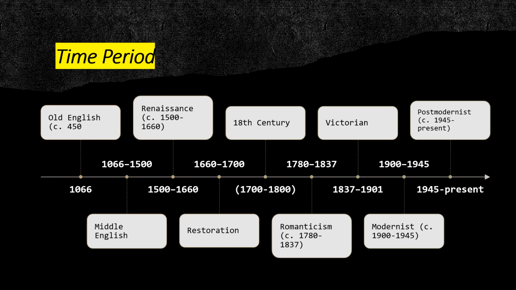And then we have the Modernist era, from circa 1900 to 1945, during the World Wars, the First and Second World War. I think you may be familiar with T.S. Eliot's poem The Wasteland. And then we have the Postmodernist era, circa 1945 up to present, which is sometimes called the Contemporary era.